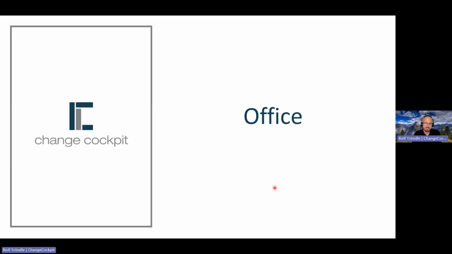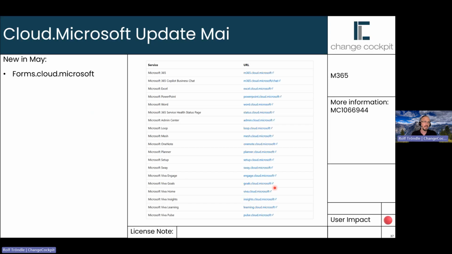Going to Office, we don't have typical Office application updates like for Word and PowerPoint this month, but we have, as an example, the cloud.microsoft update for May. Microsoft published this new top level domain. It's not microsoft.com, it's .microsoft.